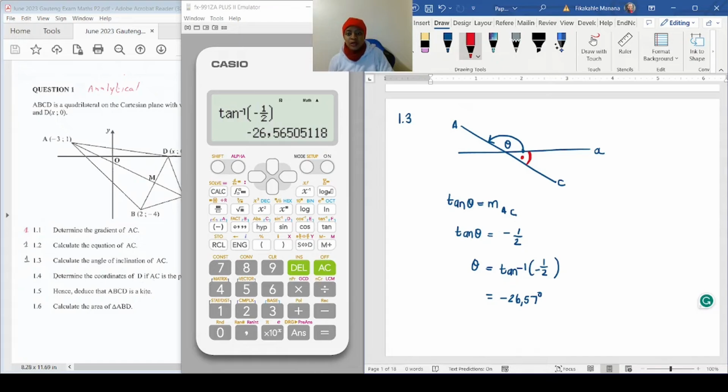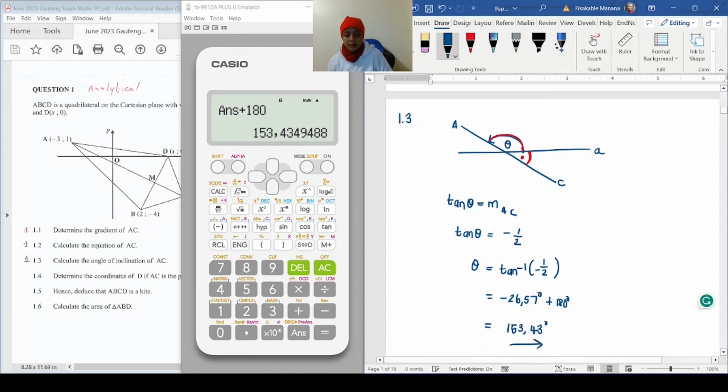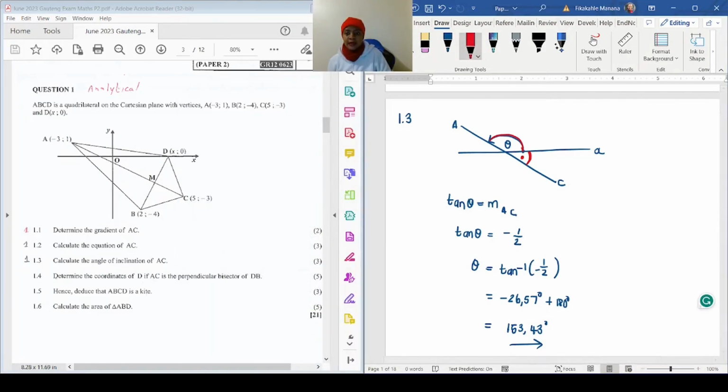And what are we going to do to get theta? We're going to add 180 because this is on a straight line, all right? So we're going to add 180 so that we can get the actual value of theta. So it is 153,43 degrees.